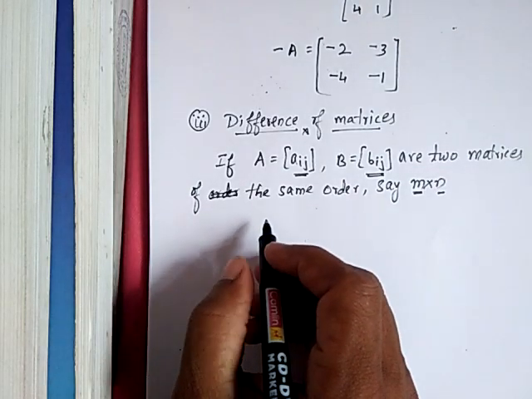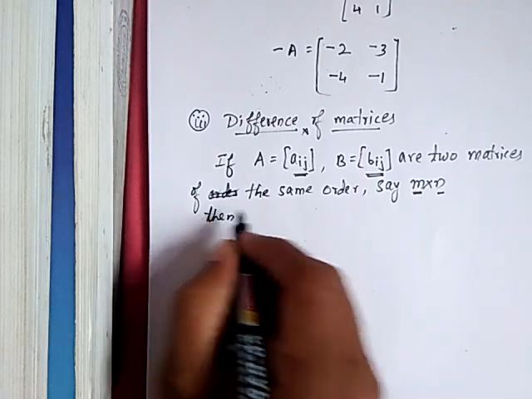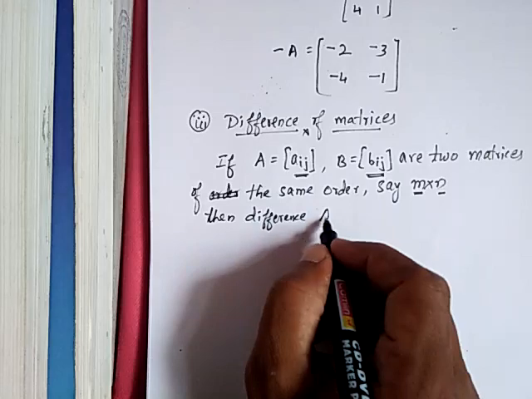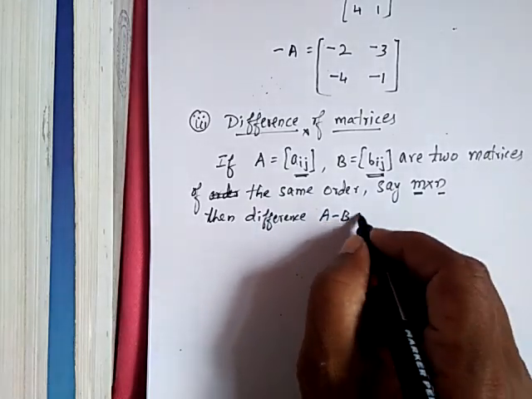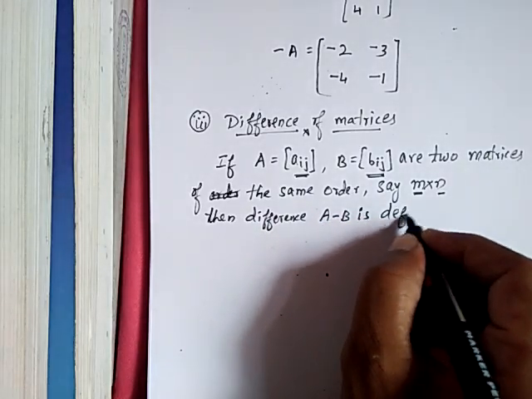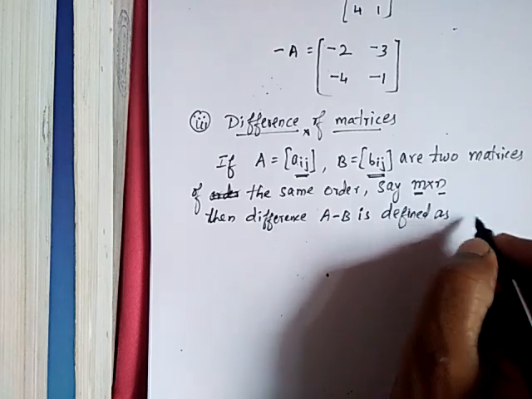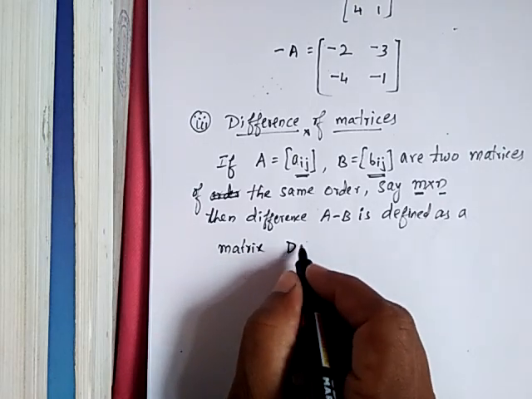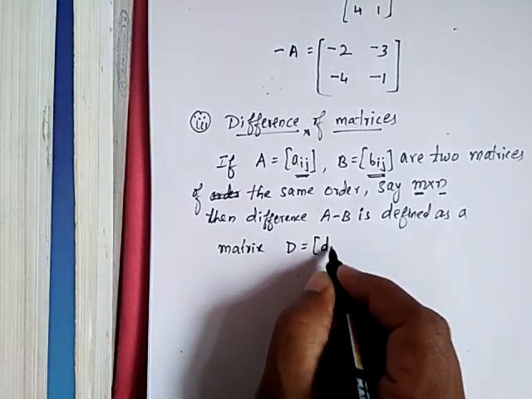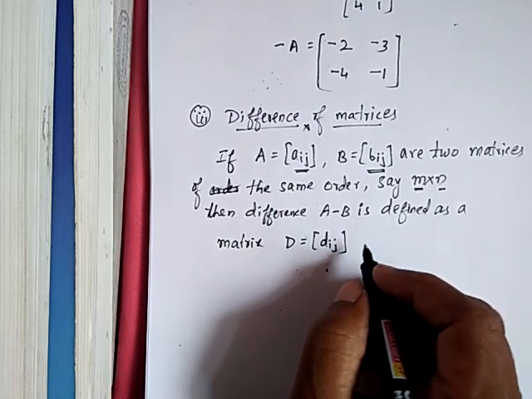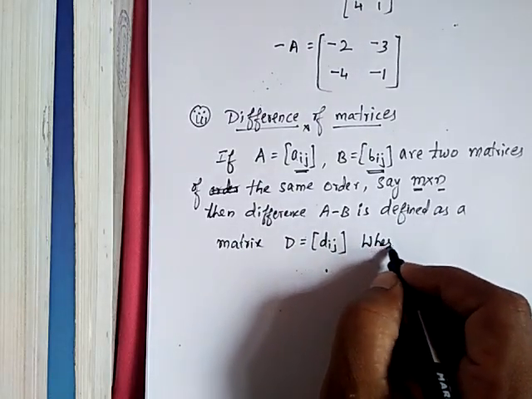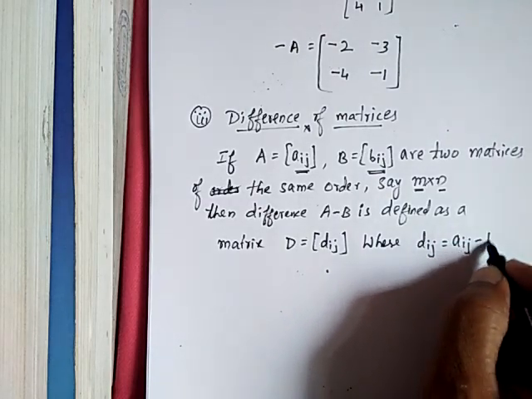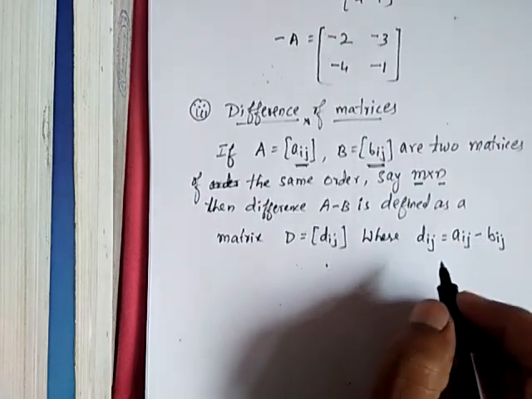Then the difference A minus B is defined as a matrix capital D, which is equal to Dij, where Dij is equal to Aij minus Bij. This you can take.